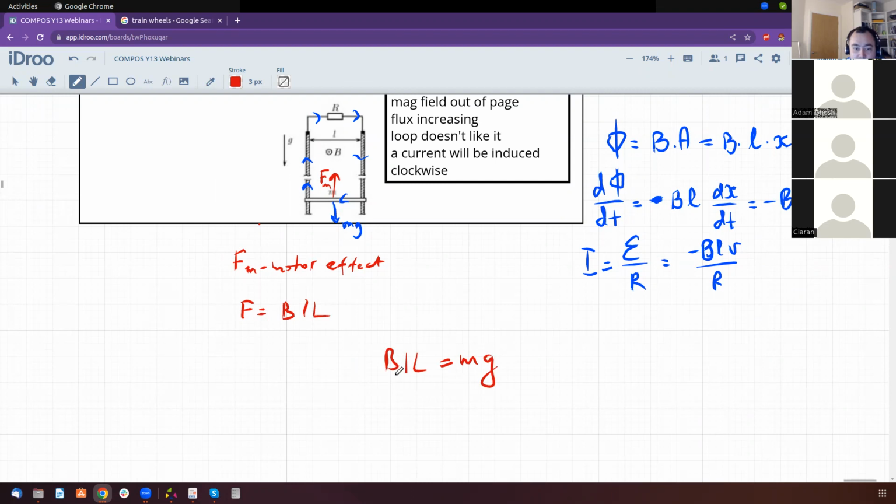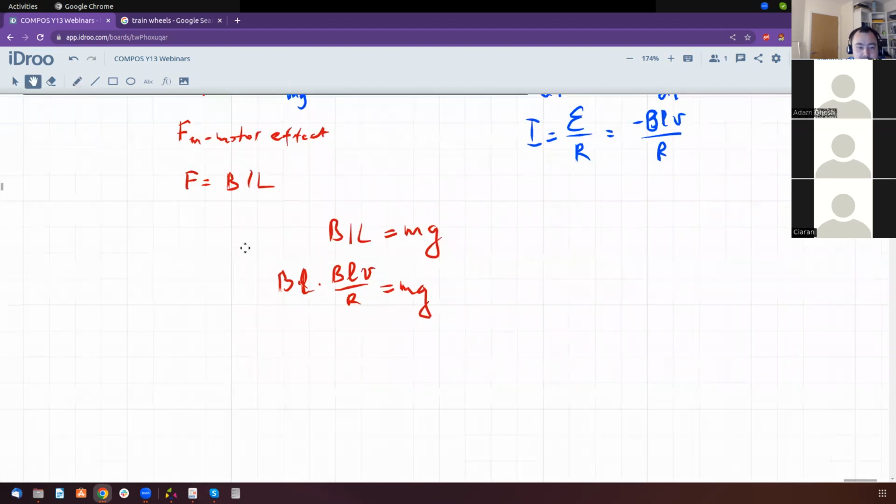Okay, and current we already know is BLV over R. So it's going to be B times L times BLV over R is equal to mg. We drop the minus because, so that's L squared, it's L and L. It's B squared L squared. So V is equal to R m g divided by B squared L squared.